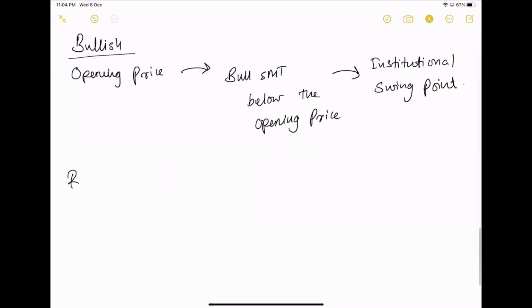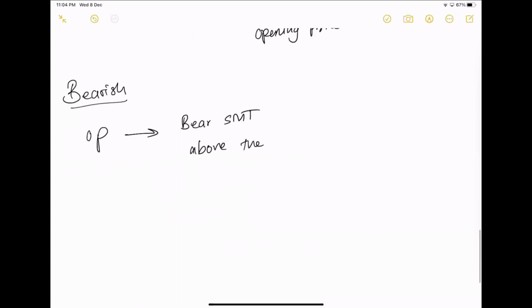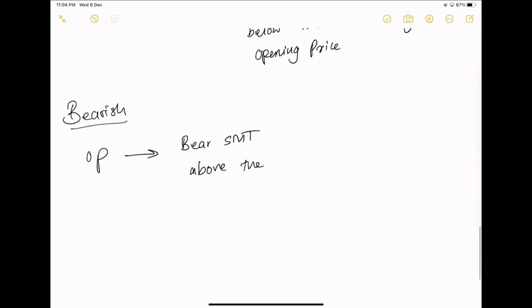Likewise, for bearish expansion, what do you have? You have the opening price, I'll call it the OP. You have the bear SMT above the opening price, because that's the most ideal scenario. I'm going to be speaking about the ideal scenario; the variations I can't speak of on YouTube.